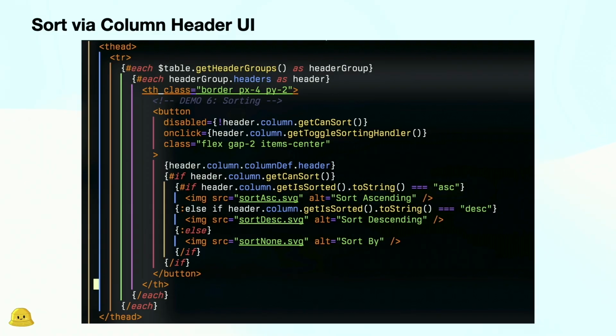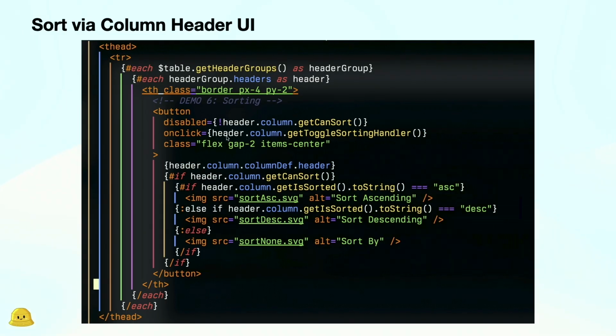Now, in terms of actually using it in the UI, each header, you could see here, we can check whether or not it can be sorted using .getCanSort right here. And then from here, we have some default ascending, descending, or neutral states. So based on that, we can go ahead and show the appropriate icon.